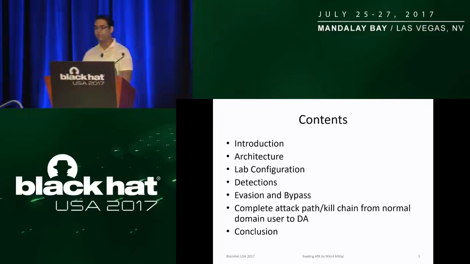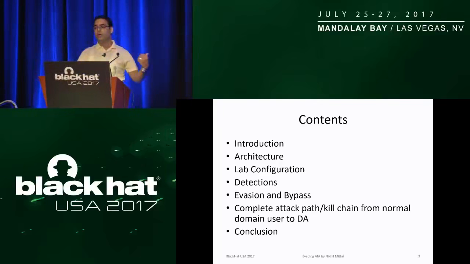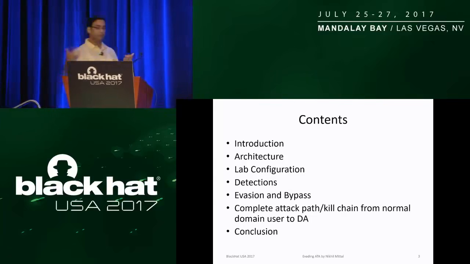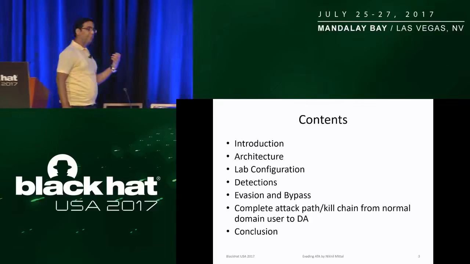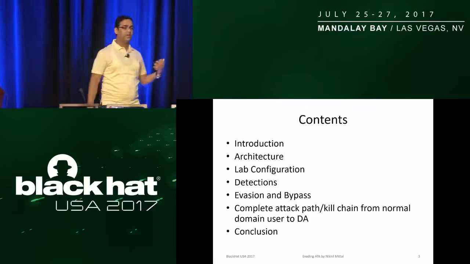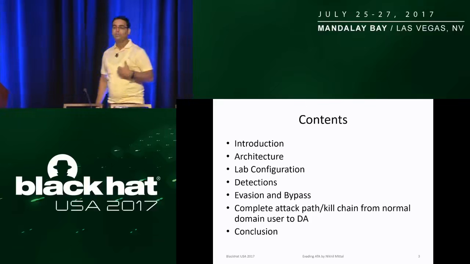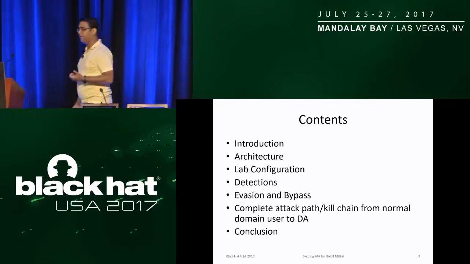How they are managed, etc. Then we'll move on and see how, as a good attacker, it is possible to bypass ATA for headline attacks and useful ones as well, like overpass the hash, golden tickets, etc. How is it possible to use them and still not get detected?